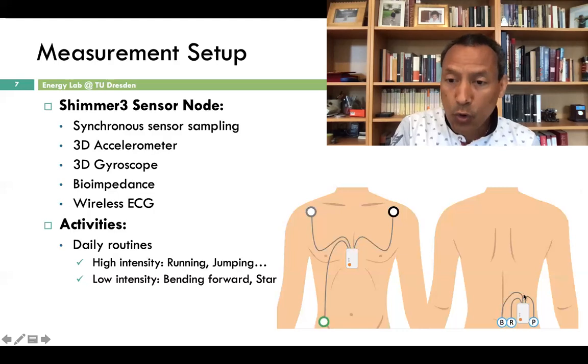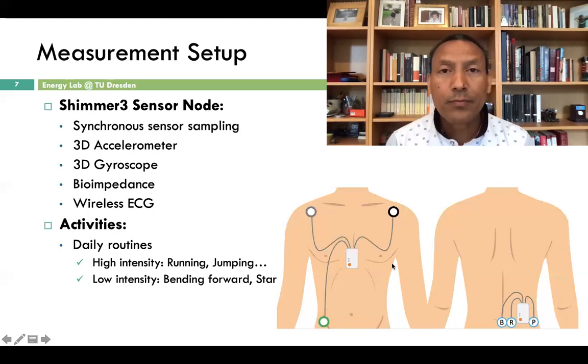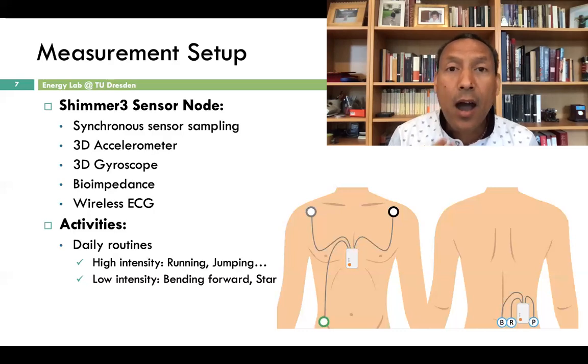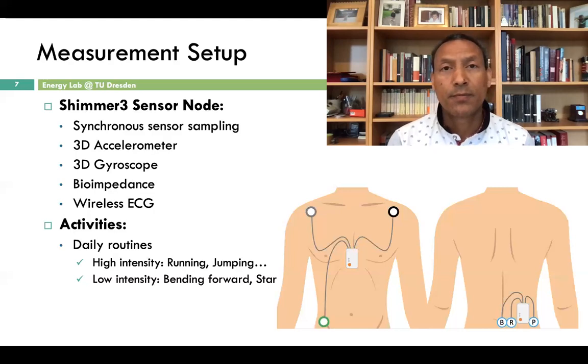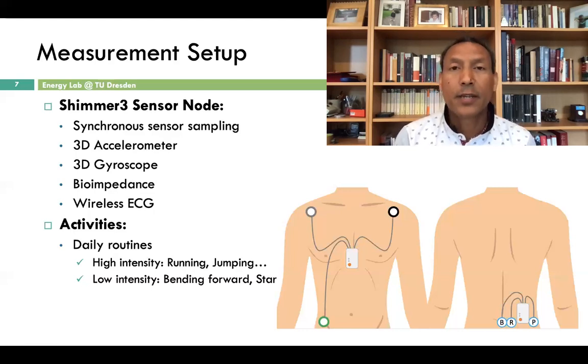The problem with this type of setup is that the heart also creates its own motion when it pumps. And this motion will be captured by the accelerometer and the gyroscope, as well as the impedance sensor.